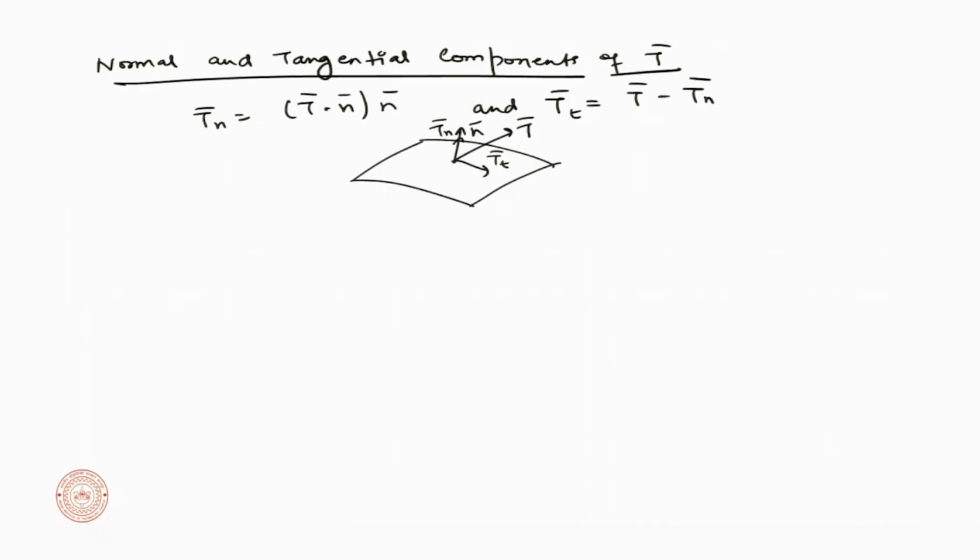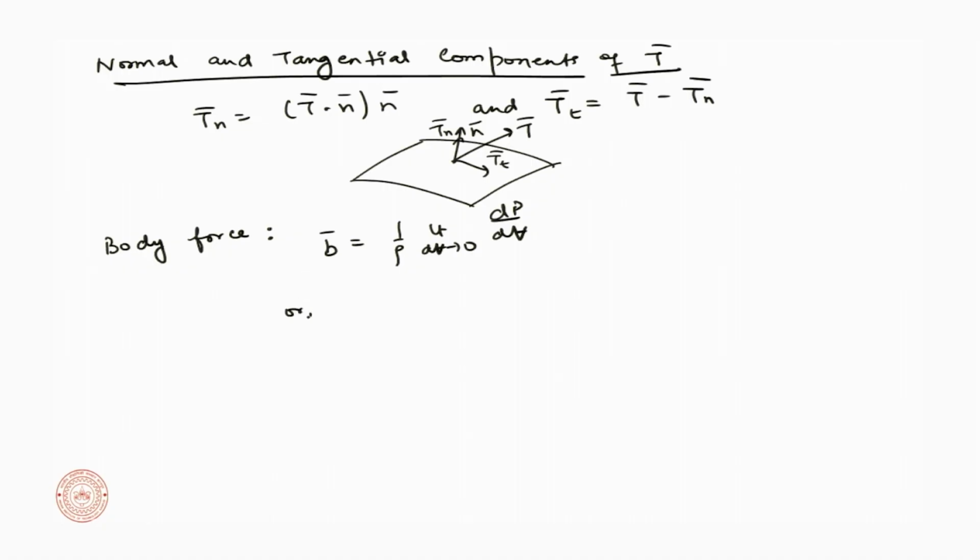Okay. All right. Then the next type of force is our body force. So the body force or the body stress can be defined by B vector. So 1 by rho, limit the volume tending to 0, dV tends to 0, dP by dV.